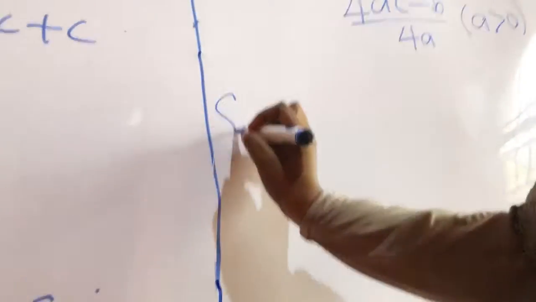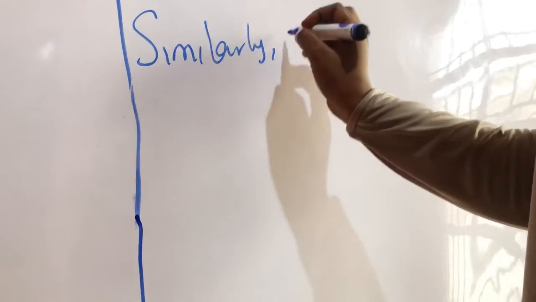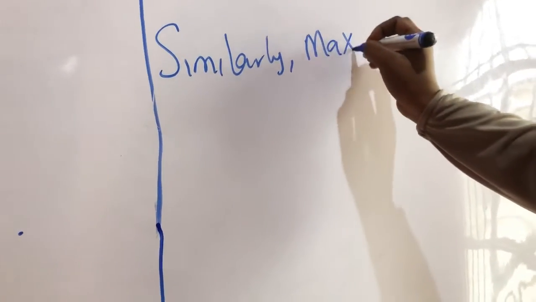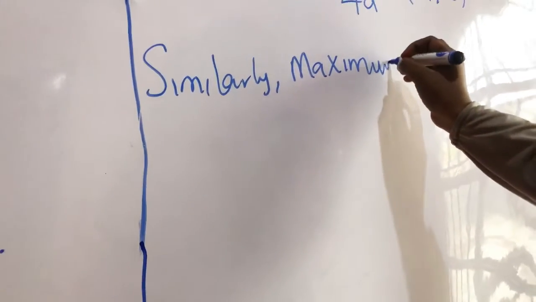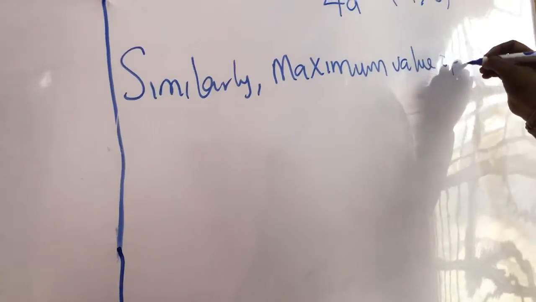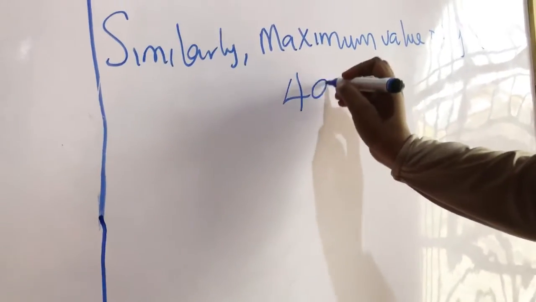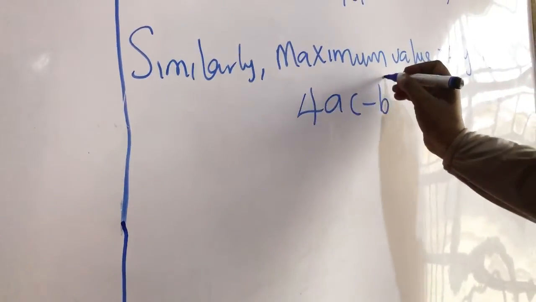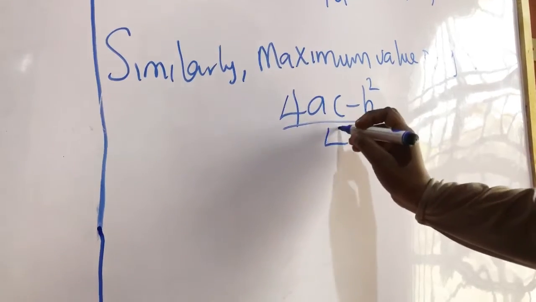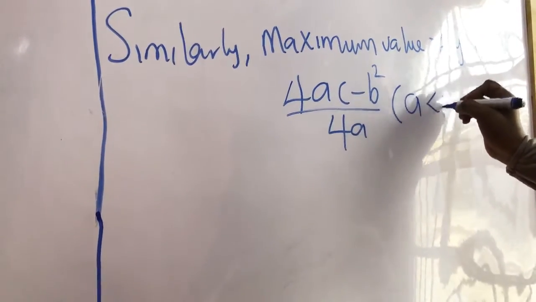Similarly, the maximum value of y is 4ac minus b squared over 4a, only when a is less than 0.